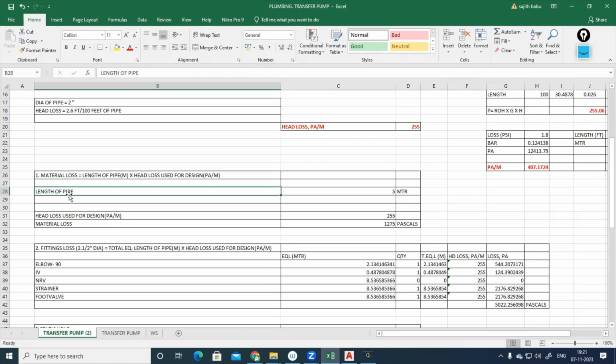So I need the horizontal length of pipe separately and the vertical length of pipe separately. This is the total horizontal length of pipe and the total vertical length of pipe.